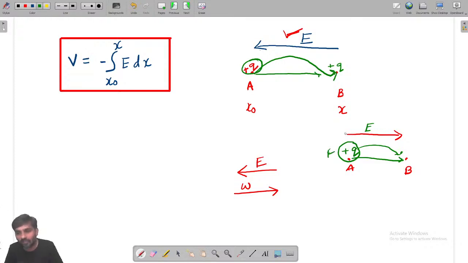The electric field is always from higher potential to lower potential, so obviously this will move. You need not worry. So this minus sign indicates you are trying to do some work against the field. Okay, now we will move on.